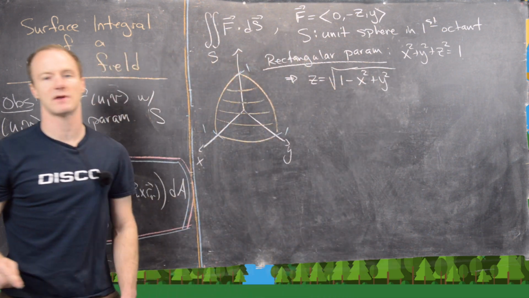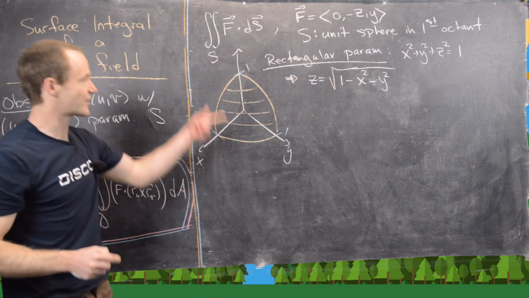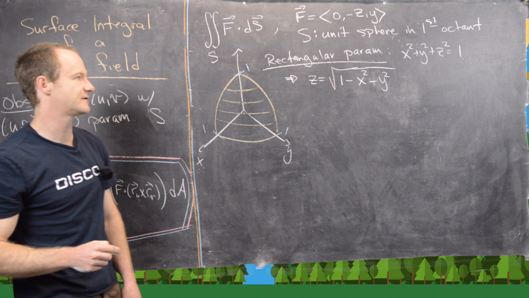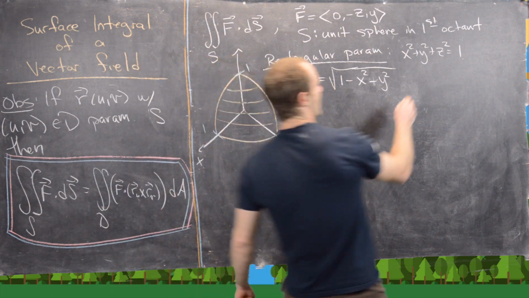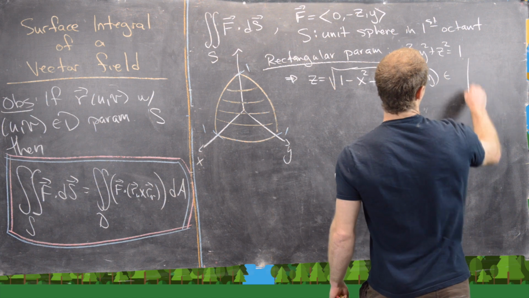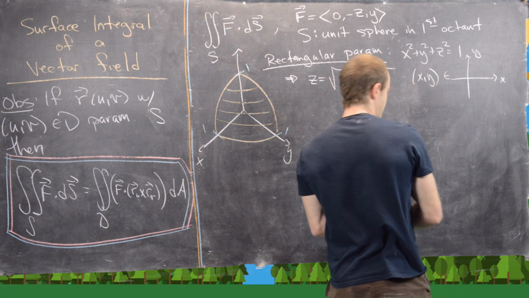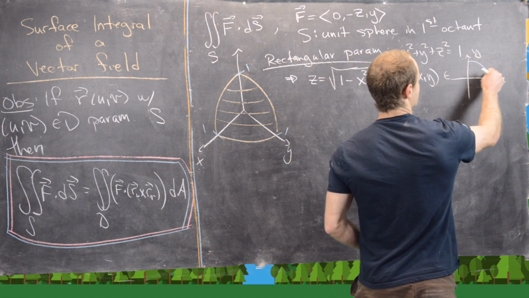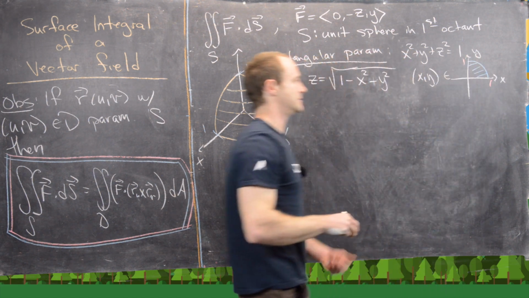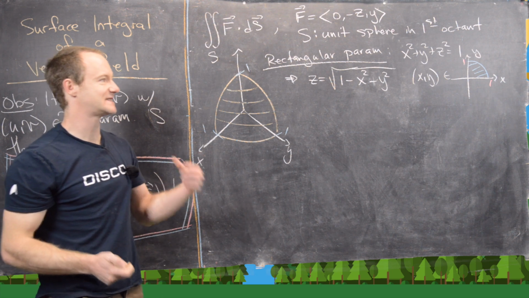Notice we don't need plus or minus the square root because we're just in the first octant, which is above the xy plane, so the z values are positive. And then x and y would be in, well, let me draw a picture of it. They're in this portion of the xy plane, the first quadrant of a disk with radius 1.